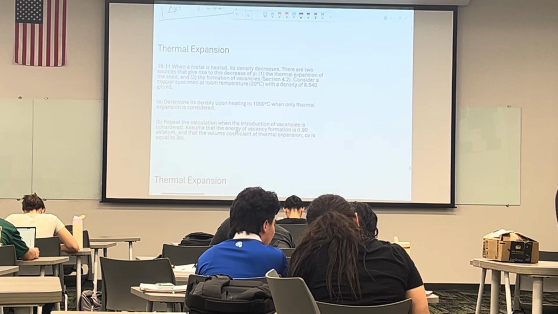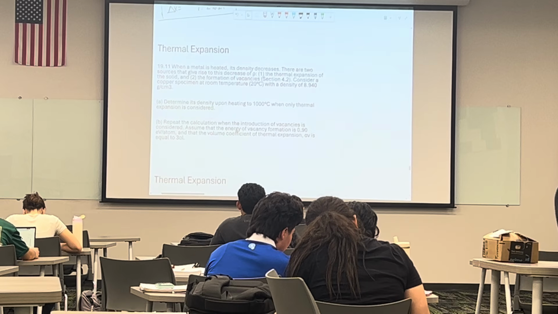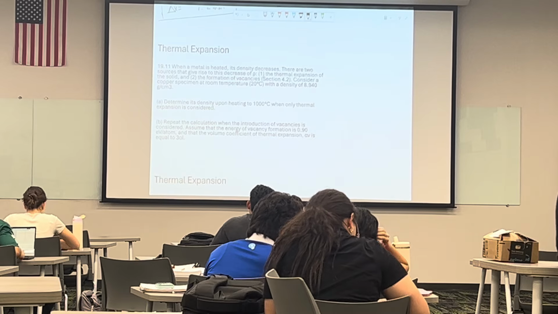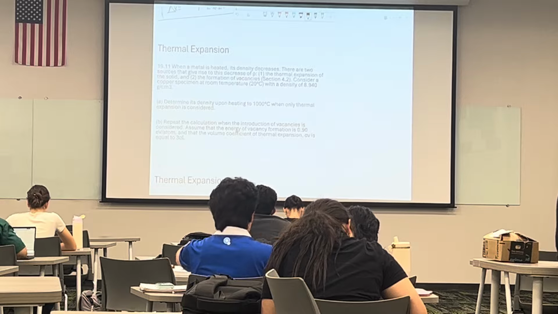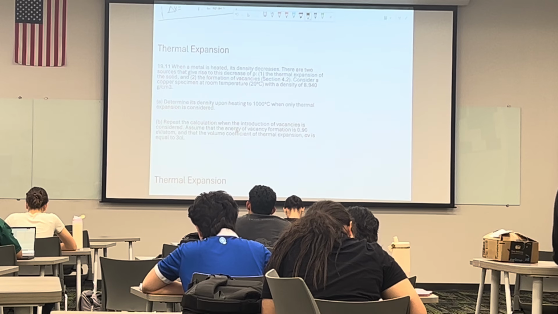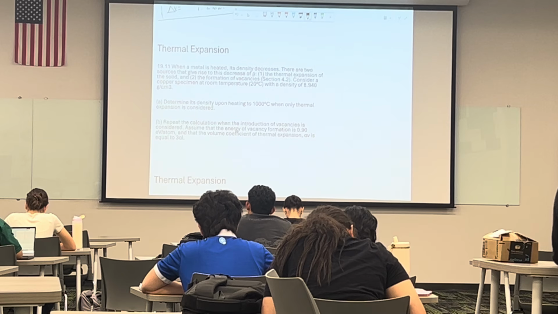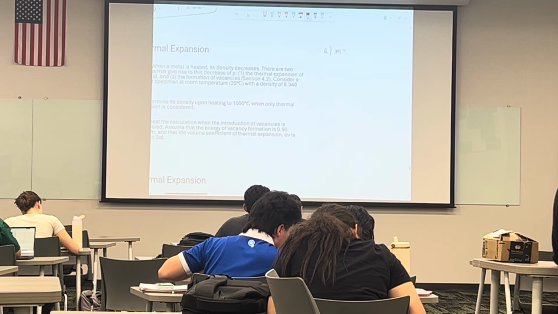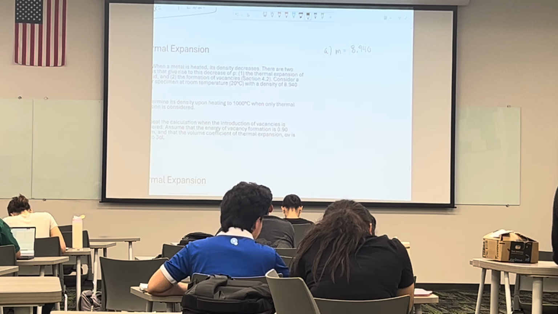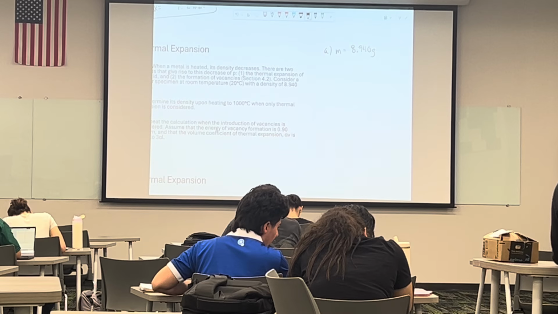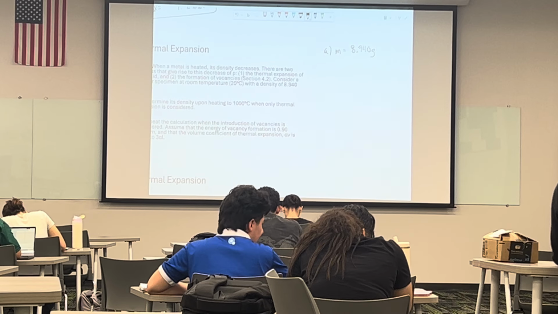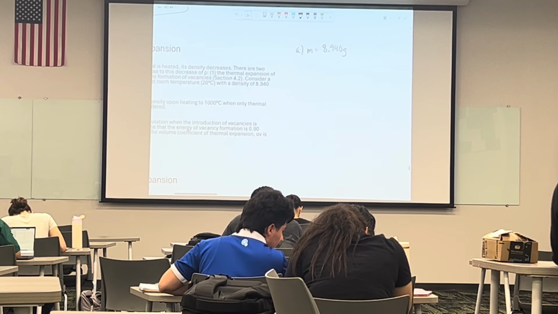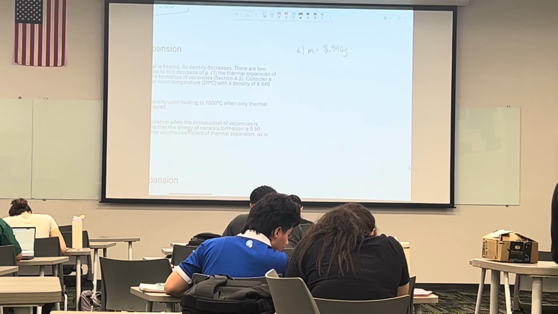So in this case, we're only considering 1 cubic centimeter of material at room temp, and the volume of copper that they gave us has a mass of 8.94 grams, which mass is assumed to remain constant upon heating up to 1,000 degrees Celsius. Knowing this, we first need to compute the volume expansion.